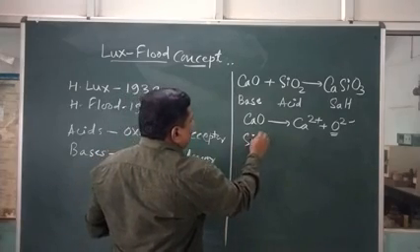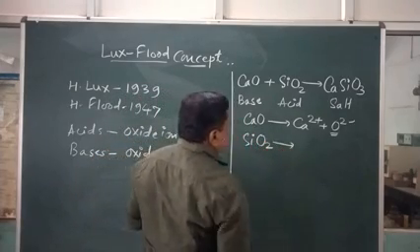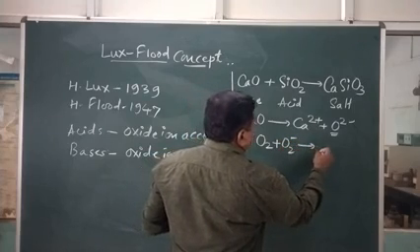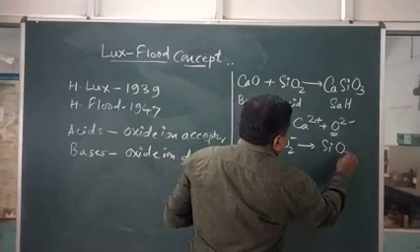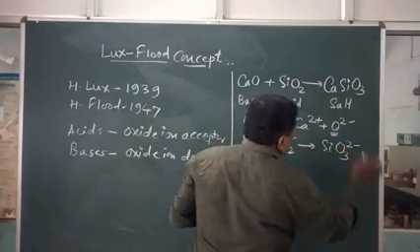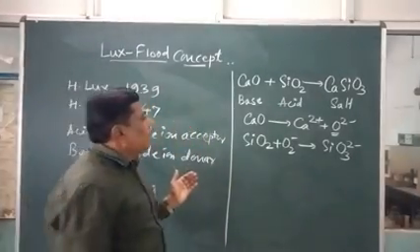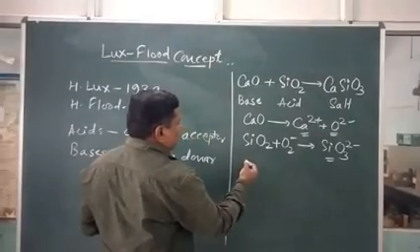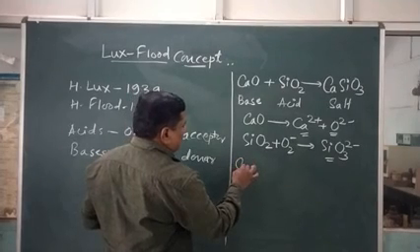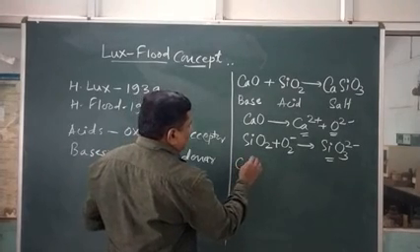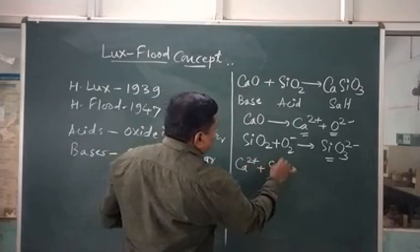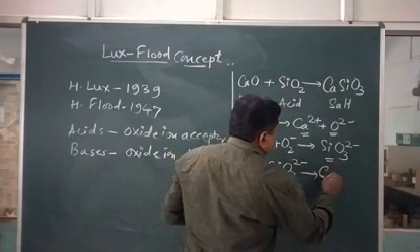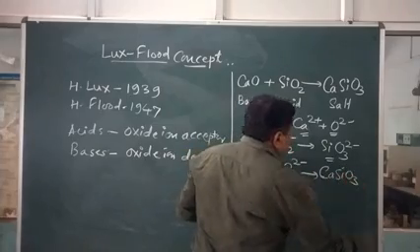SiO2 gains this O2-, and it is converted into SiO3 with a 2- charge. Ca2+ and SiO3 2- come together and combine, forming CaSiO3.